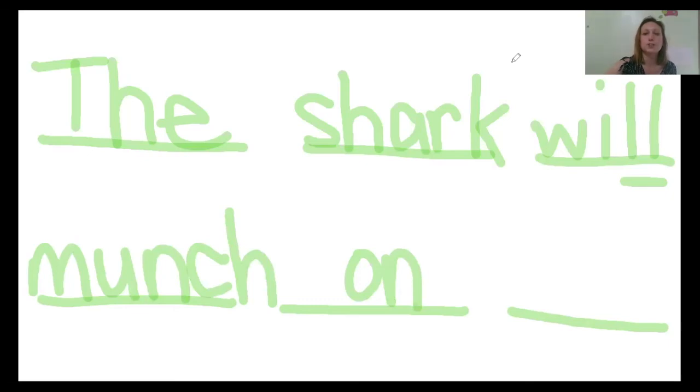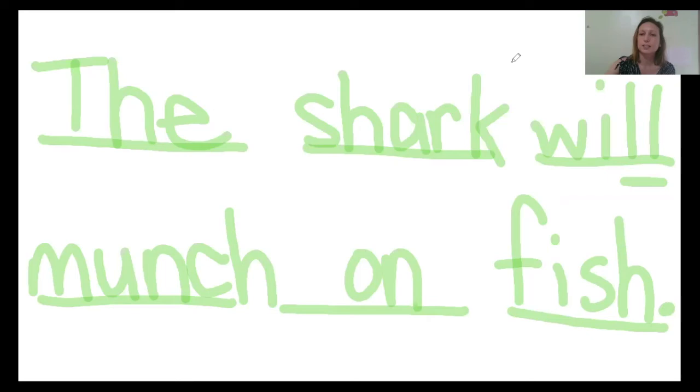How did you spell fish? F-I-S-H. And of course, the end of our sentence gets a period. Uppercase letter at the beginning, space between my words, and period at the end. The shark will munch on fish. Nice job. Now we are ready to move on to reading.